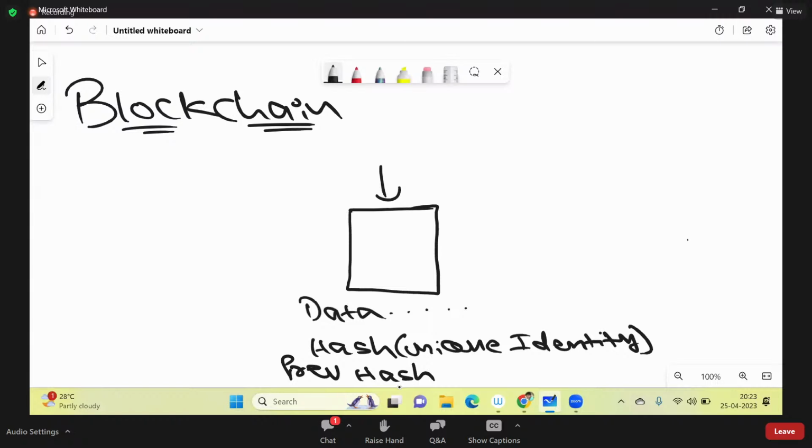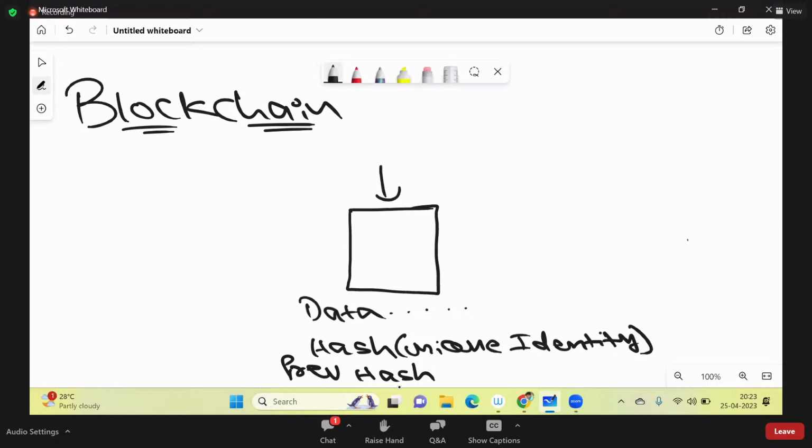Then only can you become a successful attacker. So we are making the attacker's life very difficult: not a single block, but you have to break all the links interlinked in the form of the previous hash throughout the blocks. That is the reason we call this the blockchain.